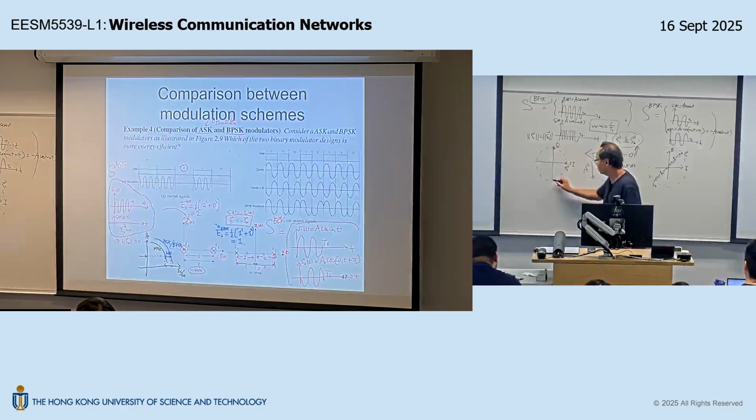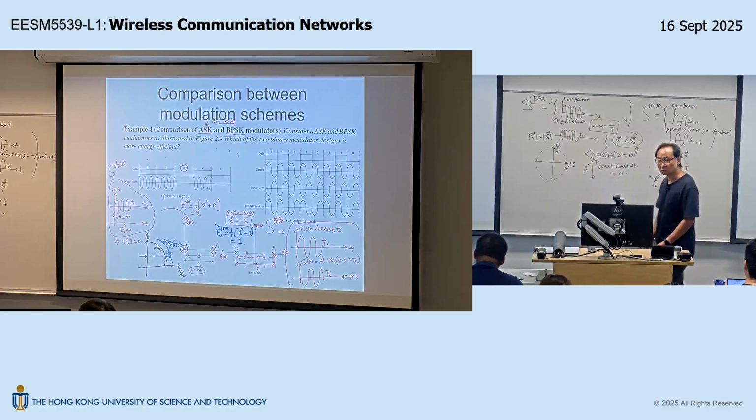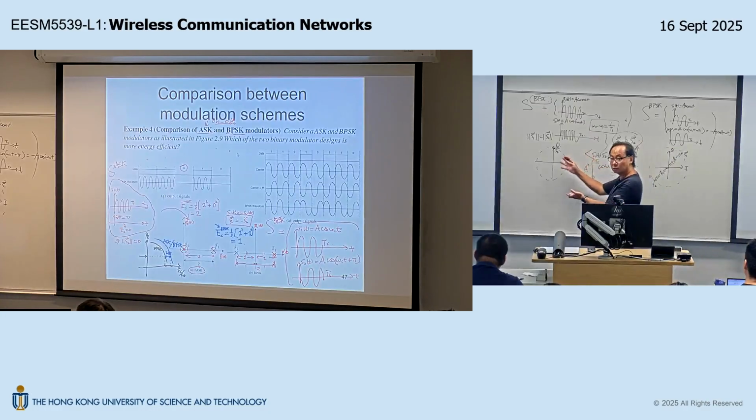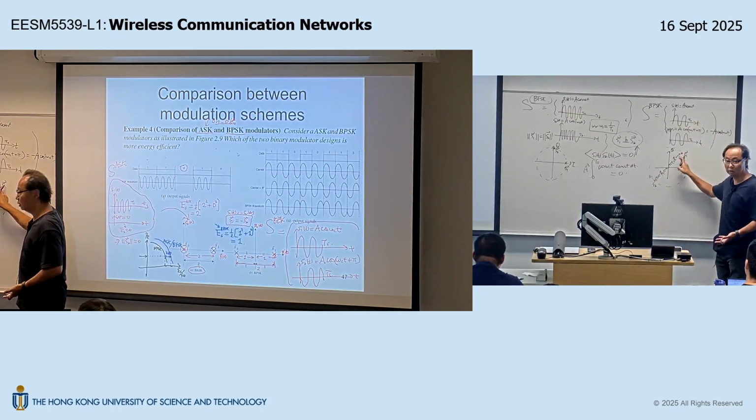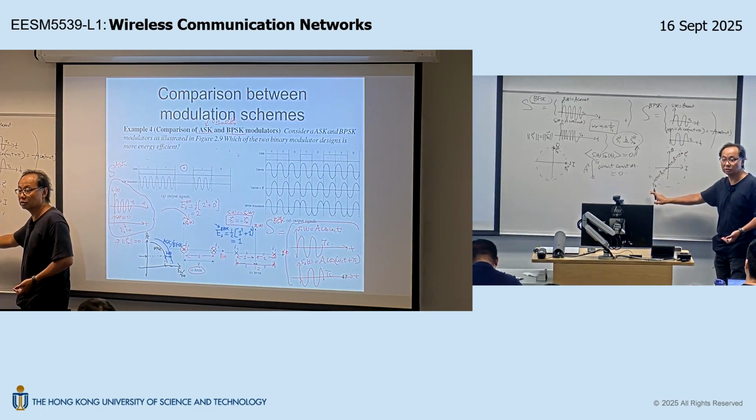Either here or here. By symmetry, without loss of generality, I just assume S2 is here. So that would be the configuration of the 2 points associated with BFSK. BPSK is the same as before: one point is directly opposite the other, equidistant.